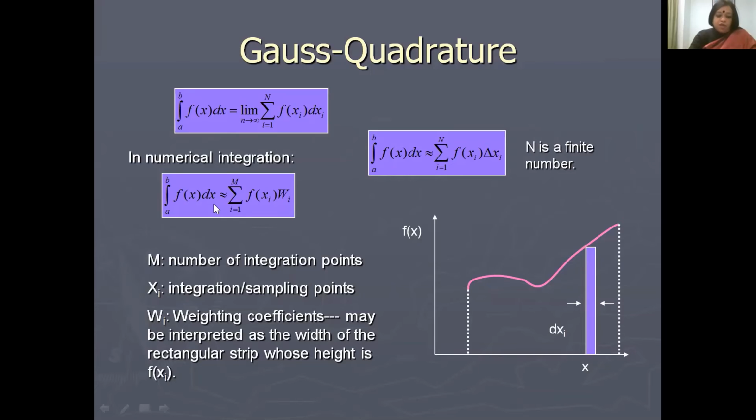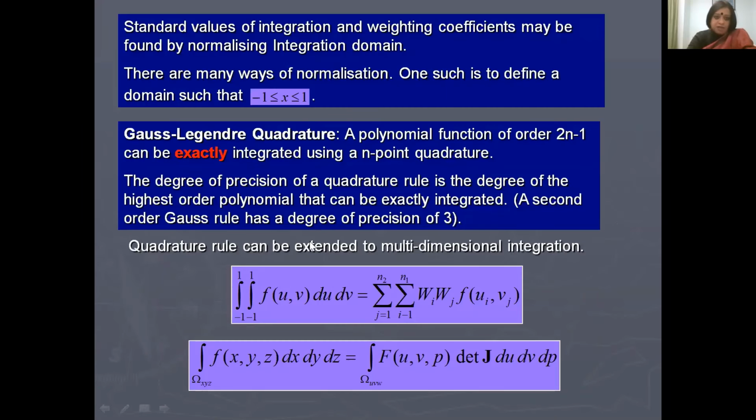So you see, what I'm going to do is I have written integration a to b f(x) dx is approximately equal to summation i equal to 1 f(x_i) w_i. So this is an approximate estimate. But what I am saying is that if you fix the number of integration points in a particular way, following Gauss-Legendre, you will not get an approximate estimate, you will get an exact estimate.